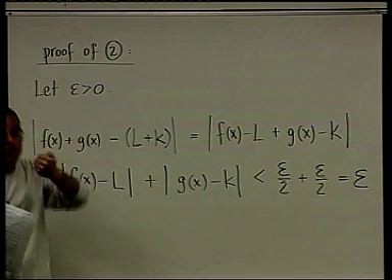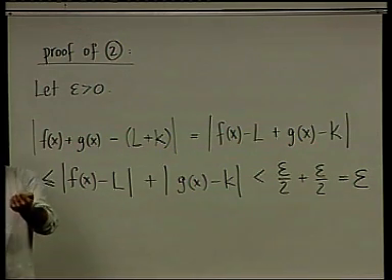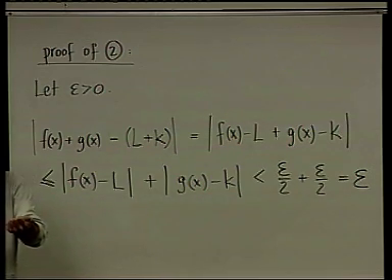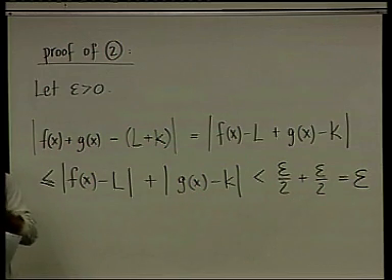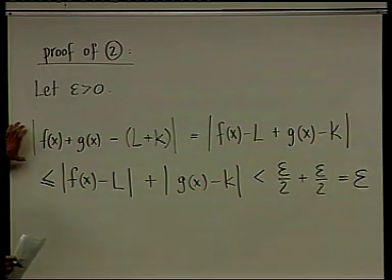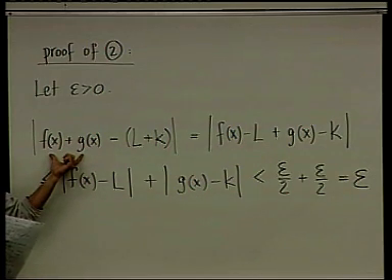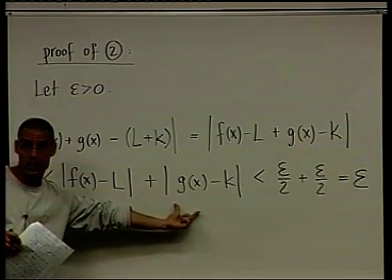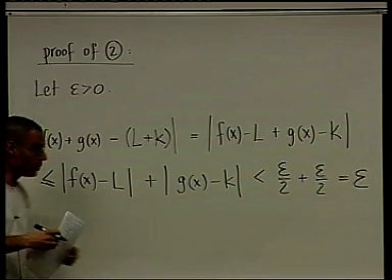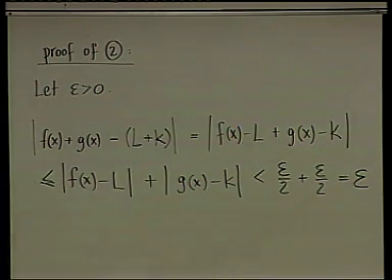If you want to prove that a limit exists, you need to prove that the statement of the definition holds. In this proof, I'm using both. I'm proving the statement of the definition for f plus g, and I'm allowed to use the statement of the definition for f on its own and for g on its own. So I can guarantee that this is less than epsilon over 2. Let me write that.